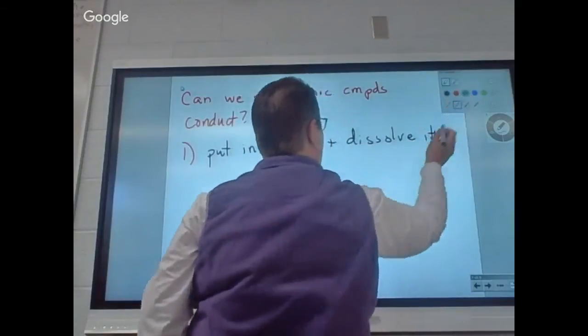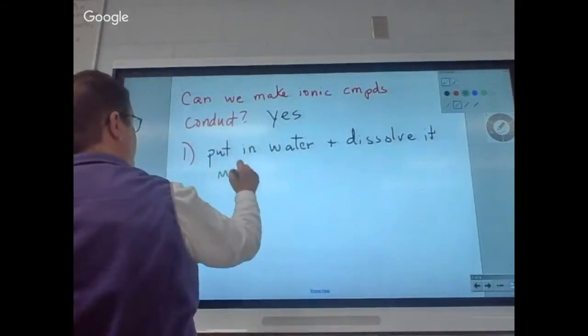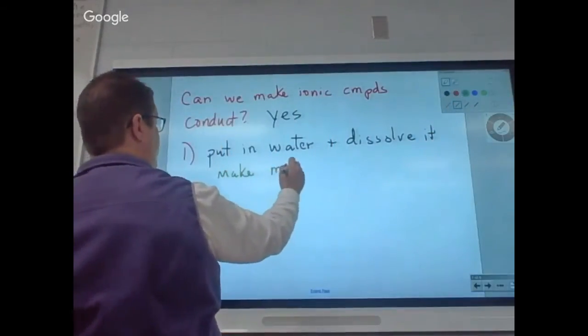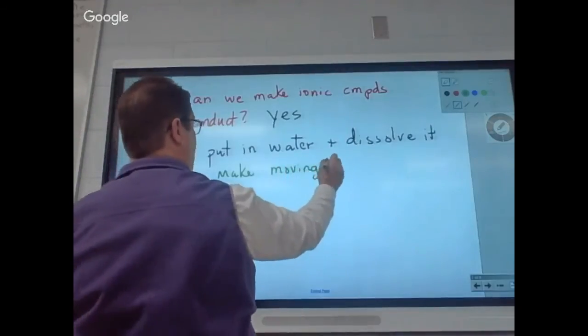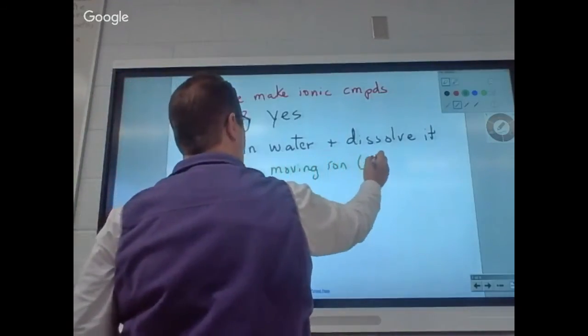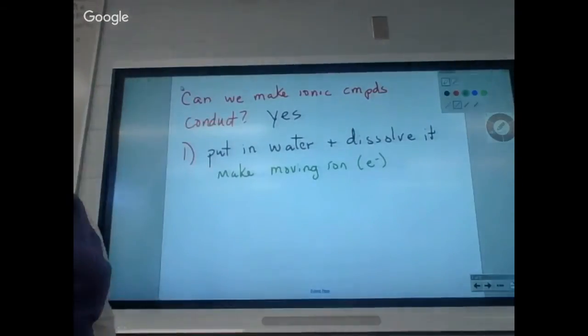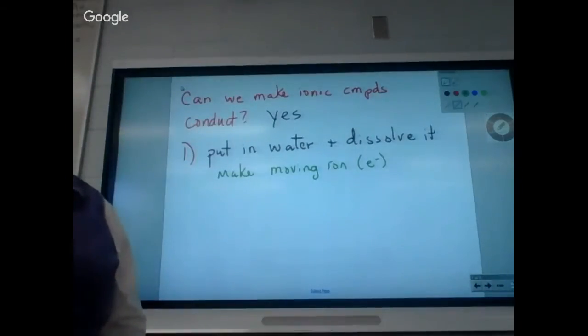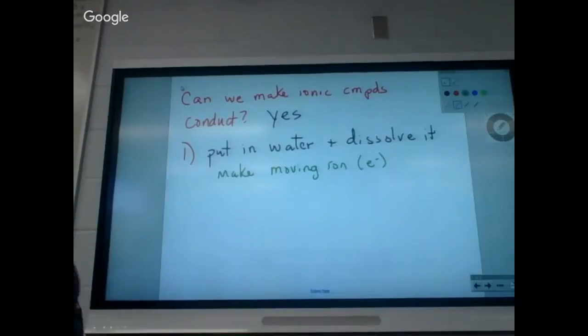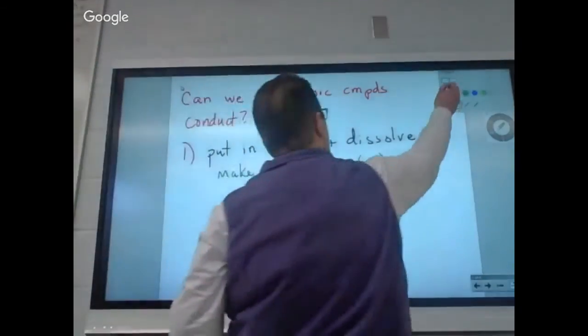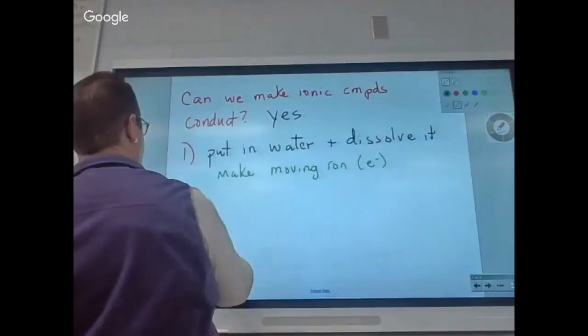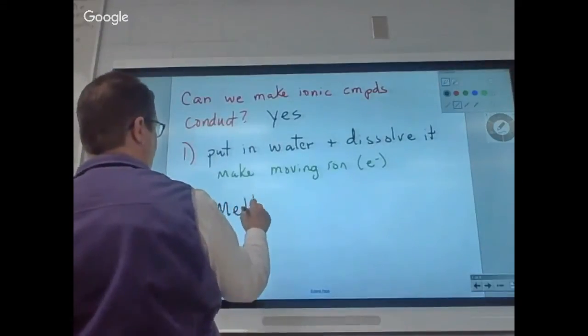Okay? Why? All right. You make moving ions or electrons when you put it in water. The salt dissolves. Now the ions are all able to move throughout the water. All right. Number two. You said melt it.